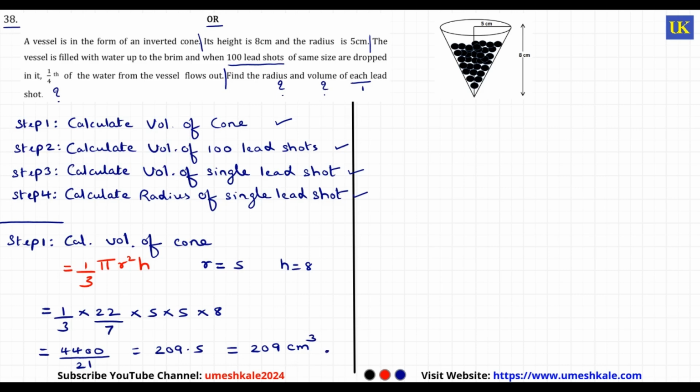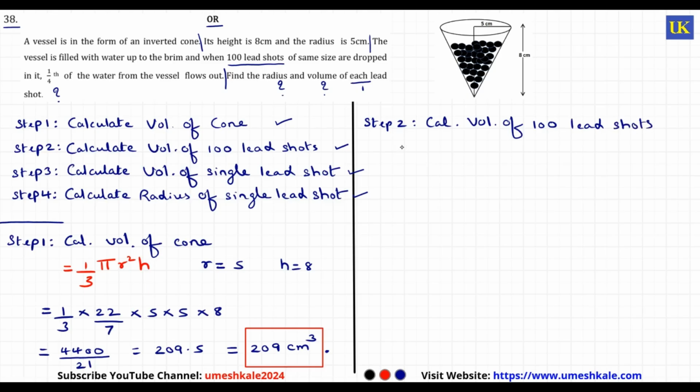Now we will go to step 2. Here we will calculate the volume of all 100 lead shots.